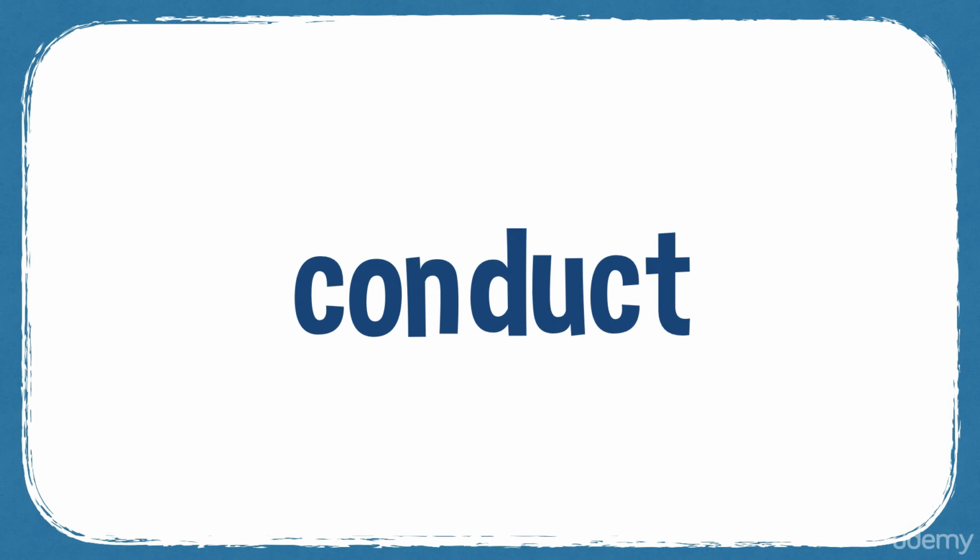So note the stress on the verb as well. Stress on the second syllable. We say conduct when we're using the noun, and the word conduct is all about behaviour, as in a code of conduct or criminal conduct. But when we use the verb, which is what I'm going to look at here, stress the second syllable, conduct.